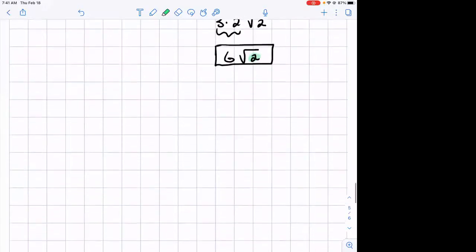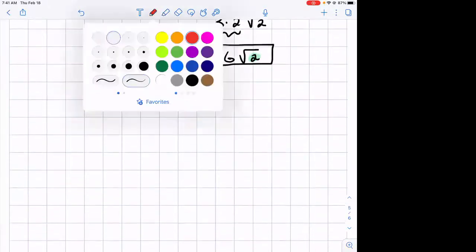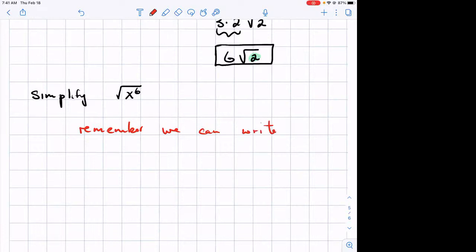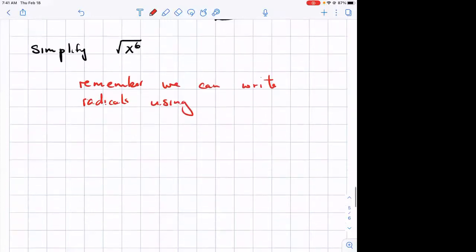Now, what happens when we have letters? Suppose I ask you to simplify the square root of x to the 6th. Now, remember, we can write radicals using exponents.